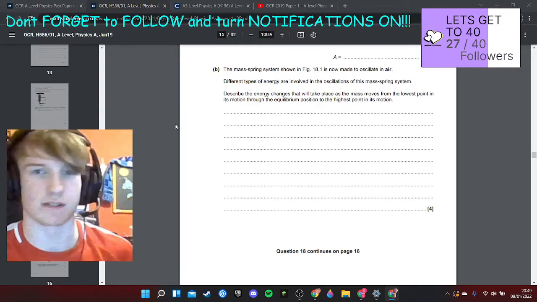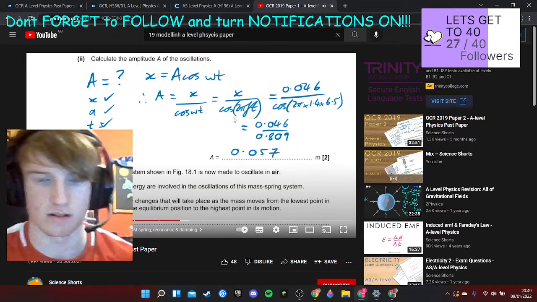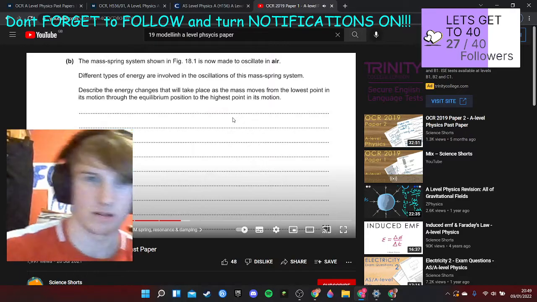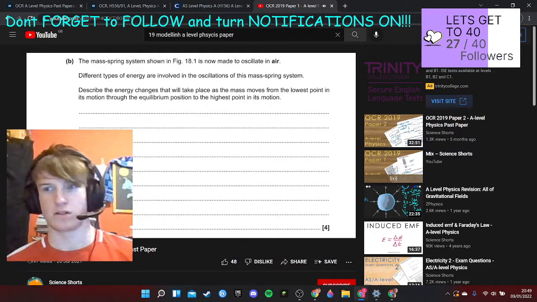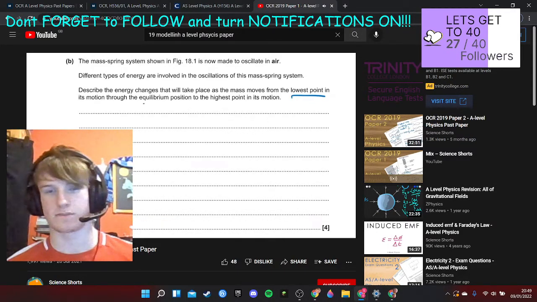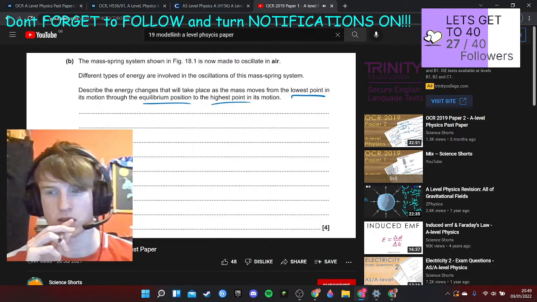Right, what does this guy think? System to describe the energy changes that will take place as the mass moves from the lowest point in its motion through the equilibrium position to the highest point in its motion.